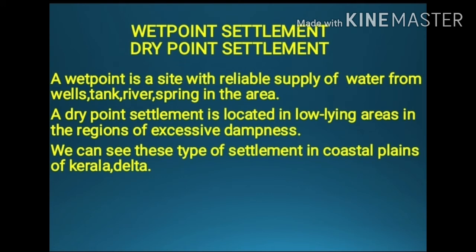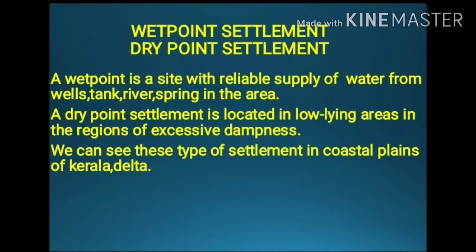Wet point settlement. A wet point is a site with reliable supply of water from well, tank, river, pond in an area. So that type of settlement will have supply of water from all the sources such as well, tank, river, pond, etc. Dry point settlement. A dry point settlement is located in low-lying areas in the regions of excessive dampness.